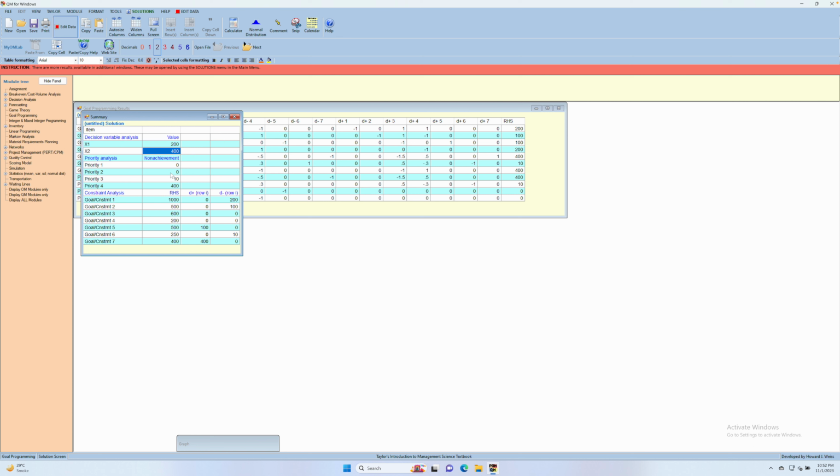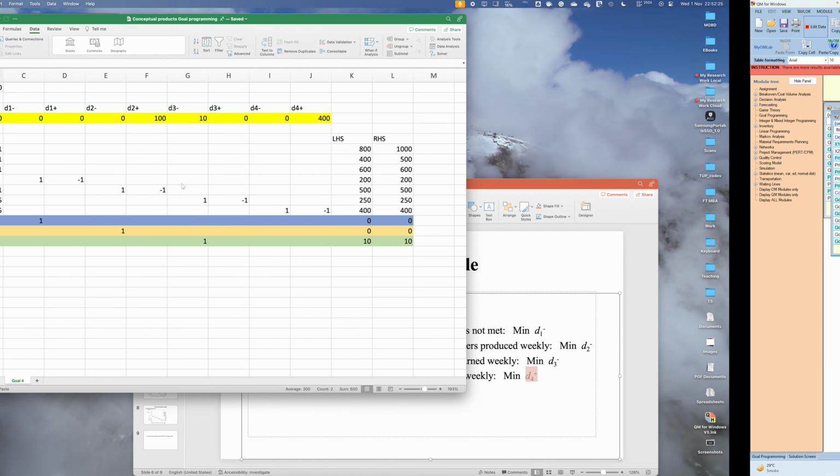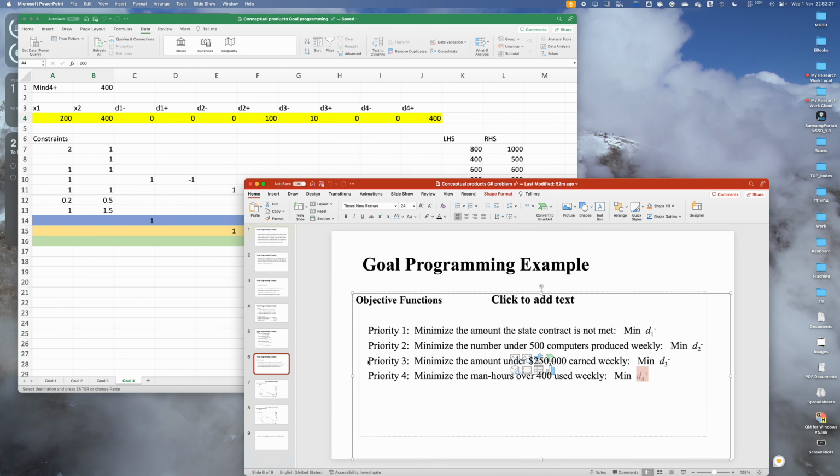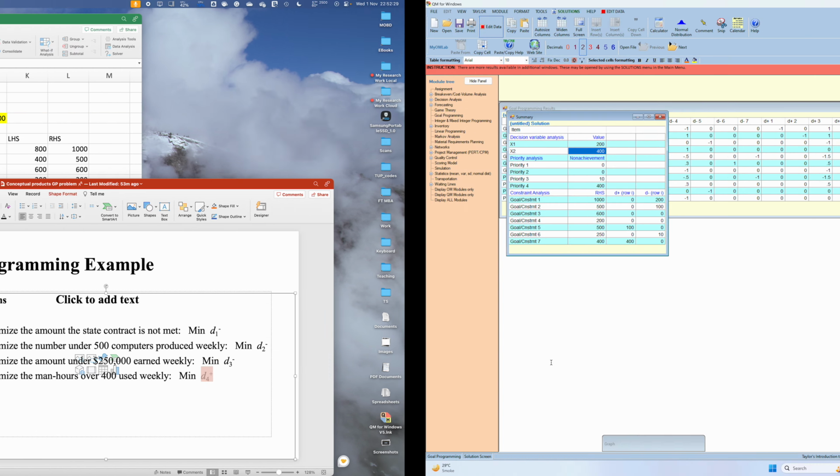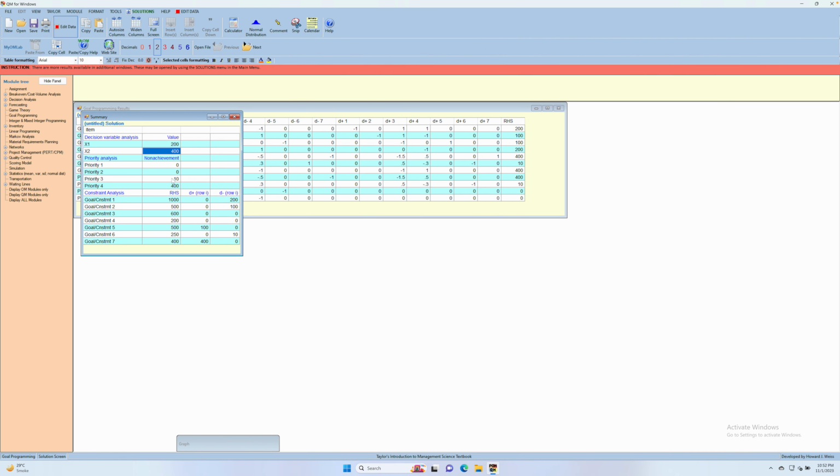So basically we are doing well in goal 1 and goal 2, because that is what we wanted to minimize, and we are at 0. But for goal 3 and goal 4 we are not doing well. We are not achieving goal 3 by 10. I wanted to make $250,000, but I'm making only $240,000 because the underachievement is 10.